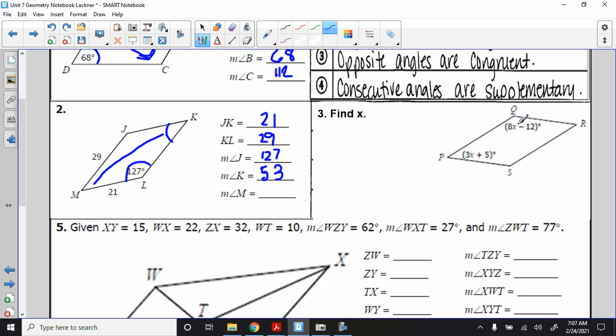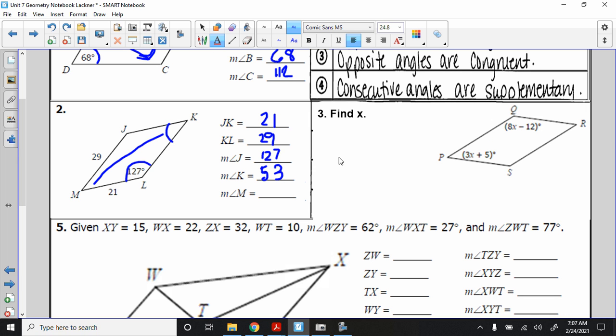All right, solving for X. If they're opposite angles, set them equal to each other, which we just talked about. But these aren't opposite. These are consecutive, or neighborly. These add up to 180.